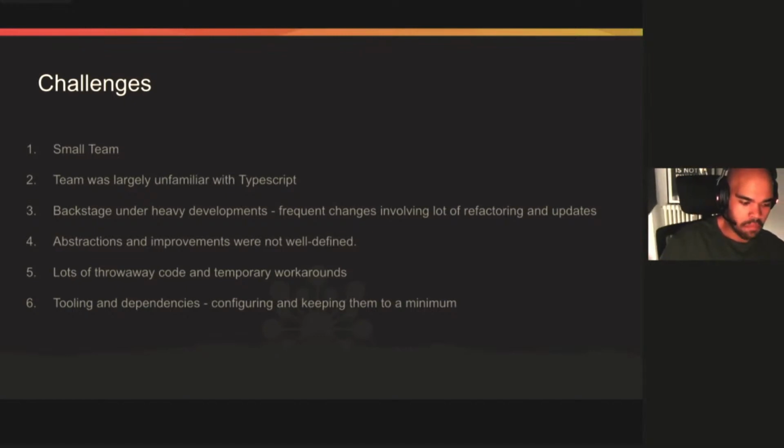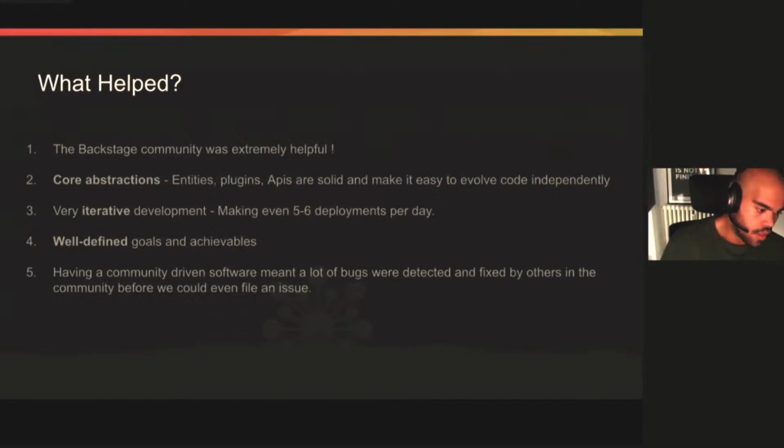But I think most of those challenges were basically because we were on early stages of the platform of Backstage, and now I see quite a bit of stability in the APIs and the code itself. So what helped?